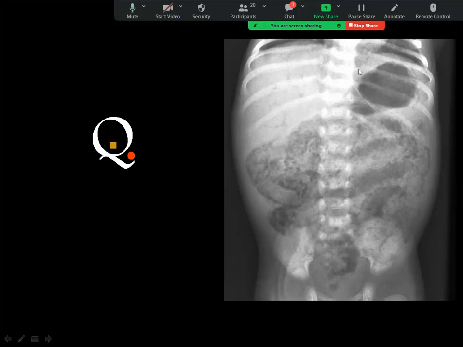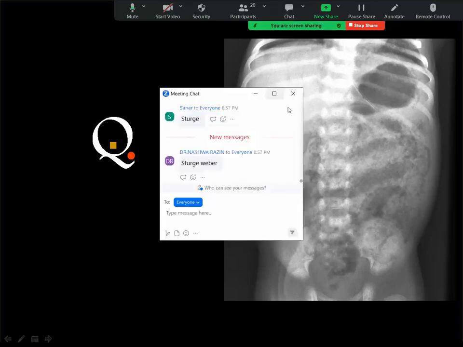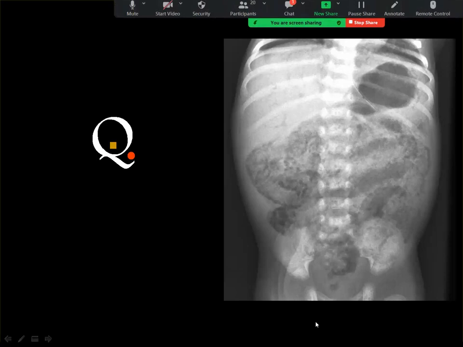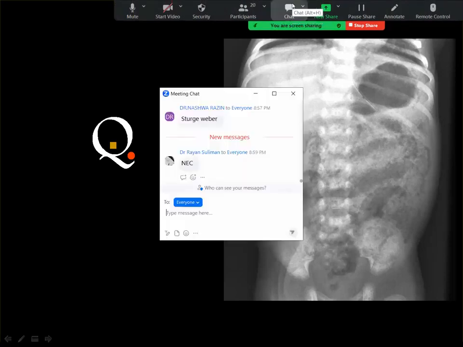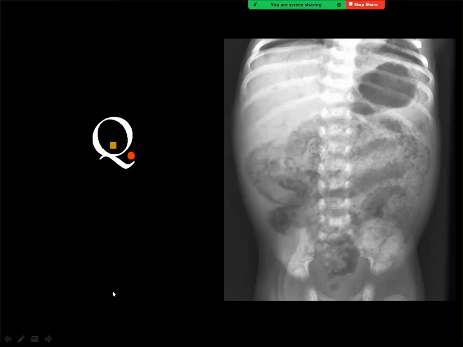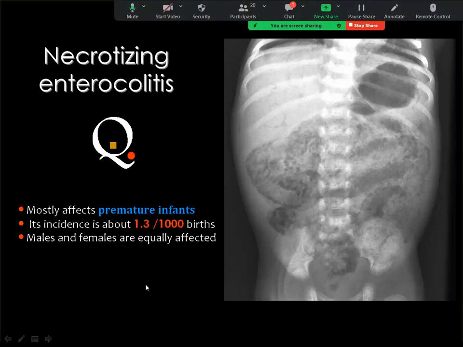X-ray of the abdomen of an infant. Yes. Necrotizing enterocolitis is the right answer, and this is not pneumatosis intestinalis in adults, but necrotizing enterocolitis in the pediatric age group, especially in premature infants.